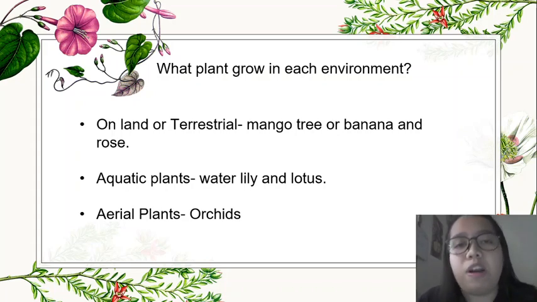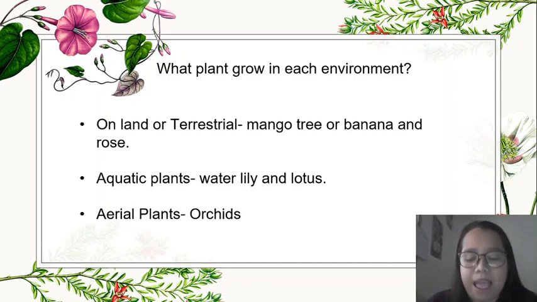Always remember, class, that aquatic plants only live in water. And then aerial plants: we have orchids and those plants that live on the branches or trunks of trees. Those are aerial plants.